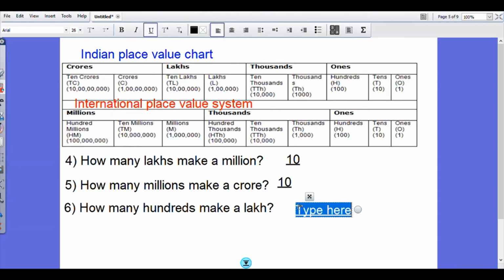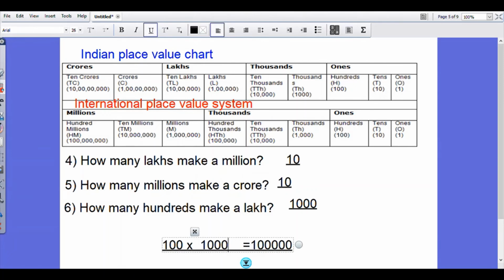So from the chart we get 1000. Now see how many 100s: in 100, which number do we multiply to get lakh? 1, 2, 3, 4, 5. The number is 1000. Okay student, understand?